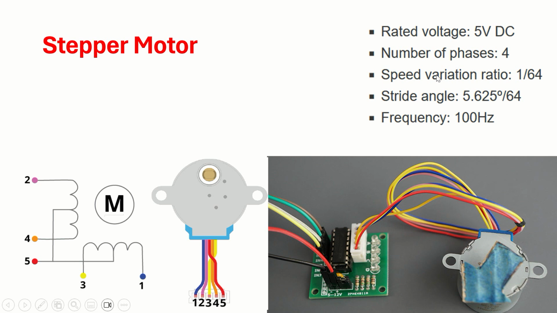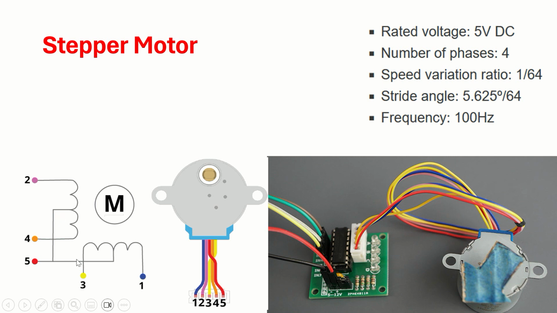They are available with different voltage ratings, but we are currently using either 5 volt or 12 volt stepper motors. Since the number of phases is 4, it is called a 4 phase motor. The fifth one is a common point. You can see this center tap is connected common, where the positive supply is applied, on pin number 5.